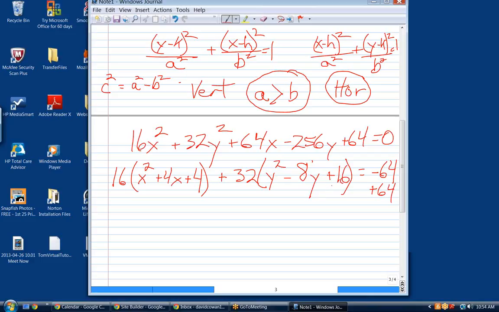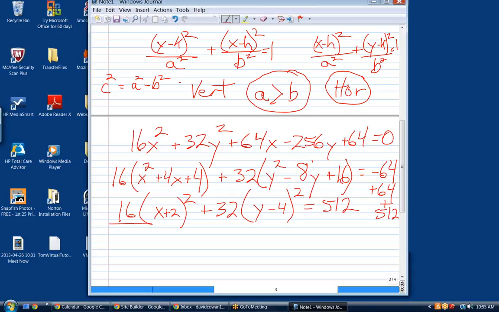You would have 512. Okay, so now let's rewrite it as 16 times x plus 2 squared plus 32 times y minus 4 squared equals 512.